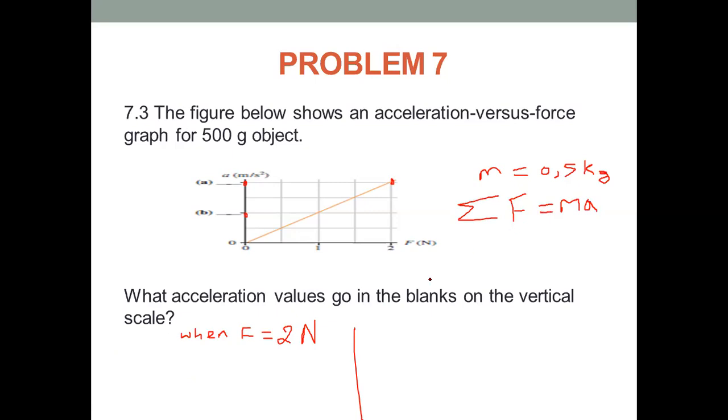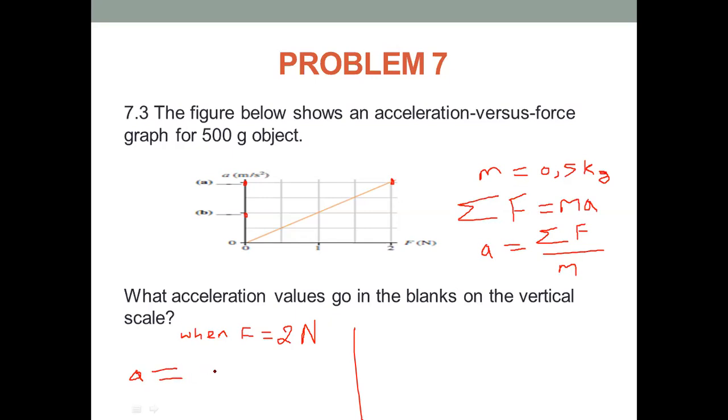All right. So we have only one force acting there. When F is equal to 2, let's make A the subject of the formula. So A is equal to the sum of F all over M. Let's check now.